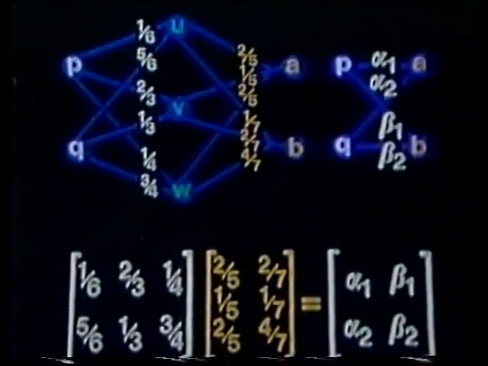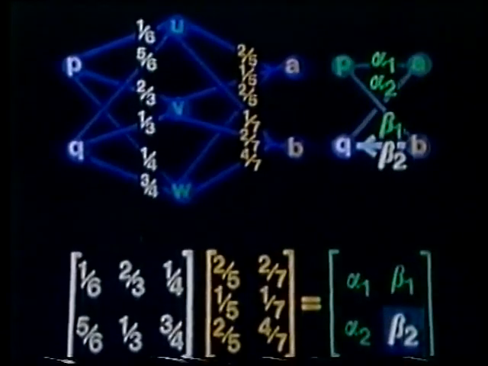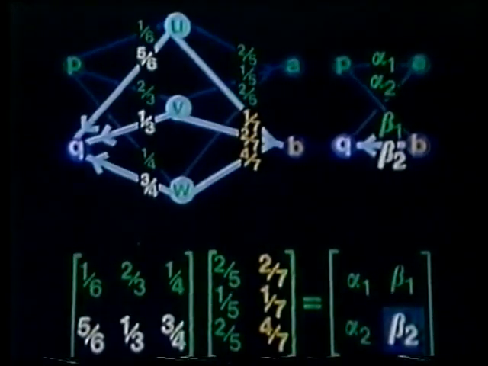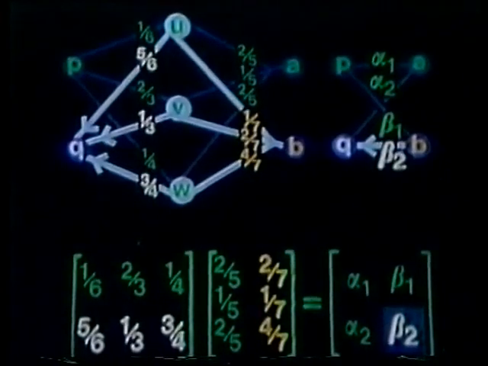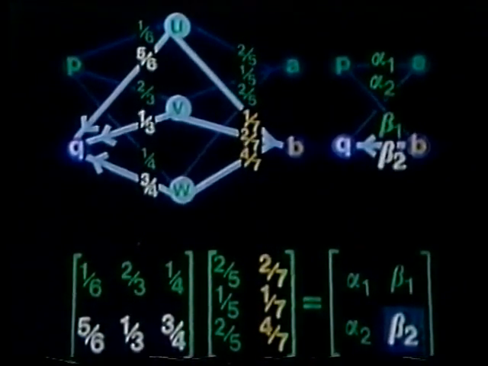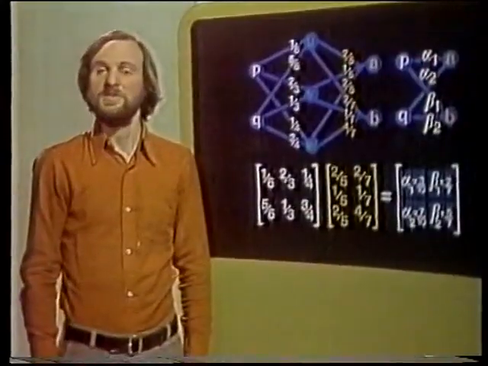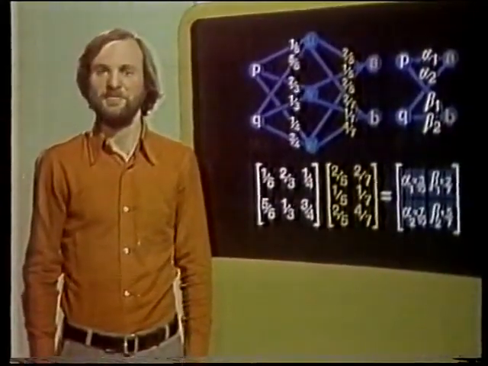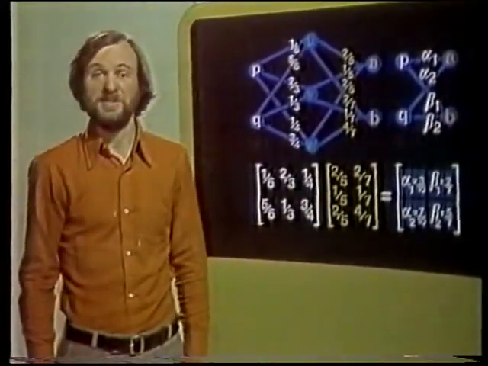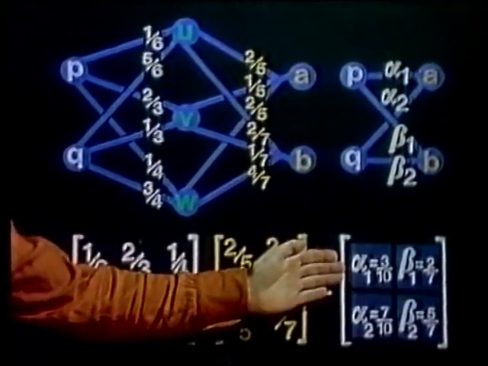And beta 2 is similar. Beta 2 is the second row acting on the second column. So it's row acting on column every time. And if you do the calculations, then these are the answers you'll get.